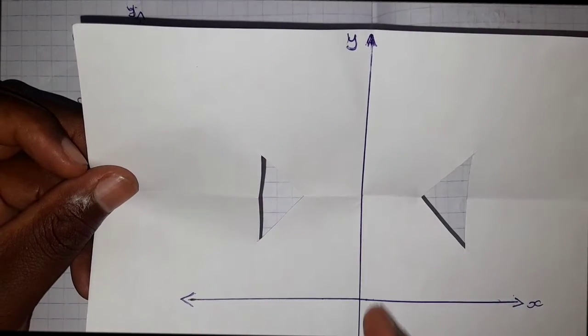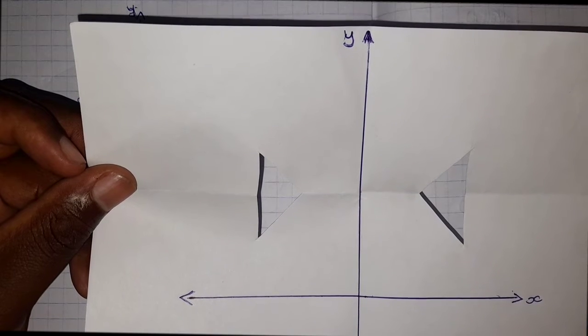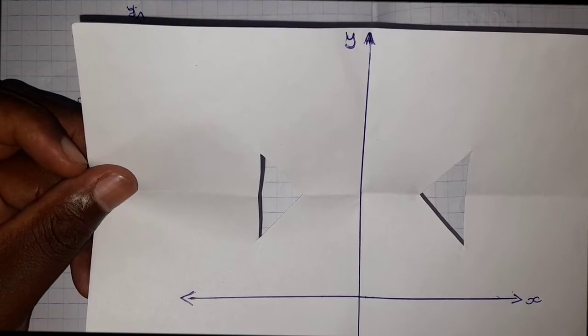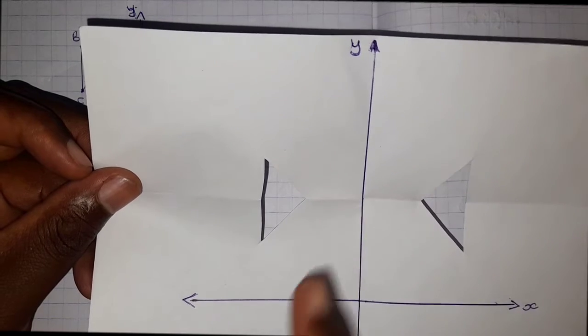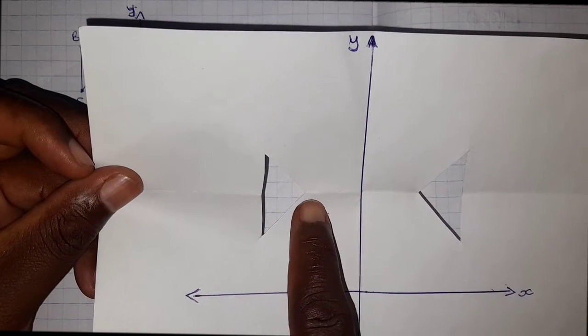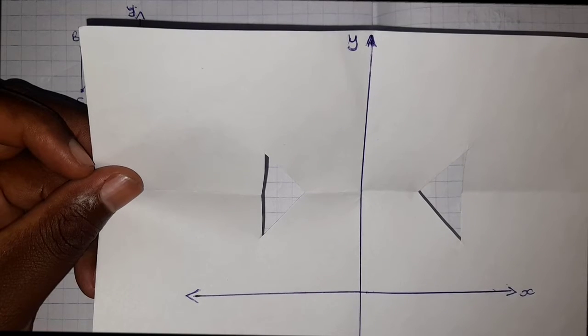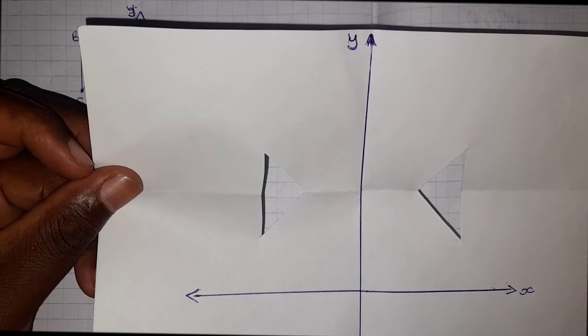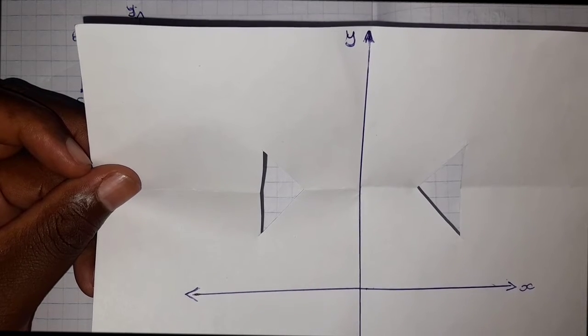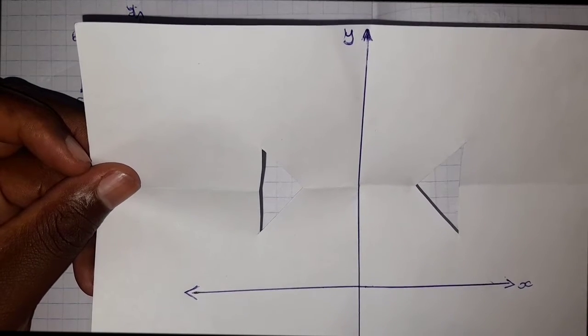If we call our y-axis the mirror line, you will see that this original figure looks at the mirror, sees the face of the reflection, right? So when you are standing in front of the mirror and look at yourself, your image is looking at you as well.